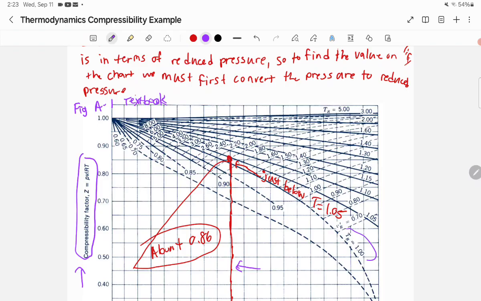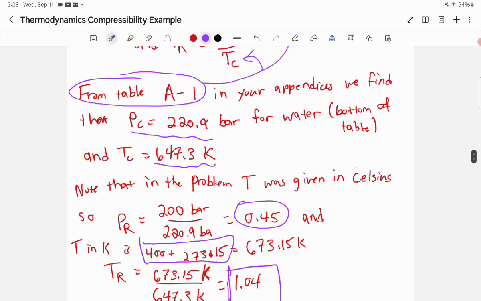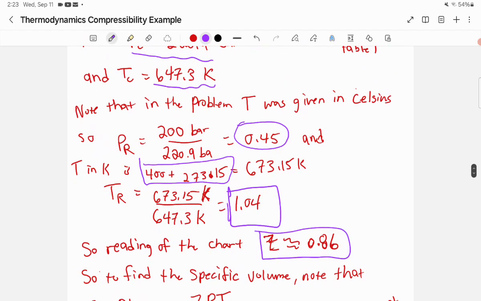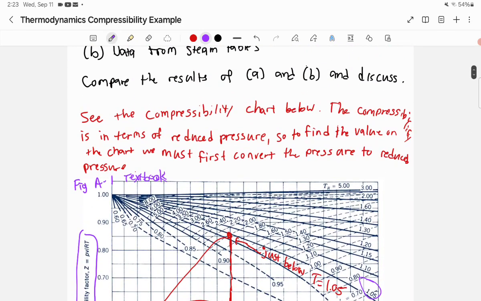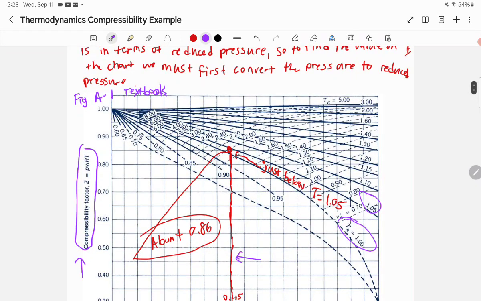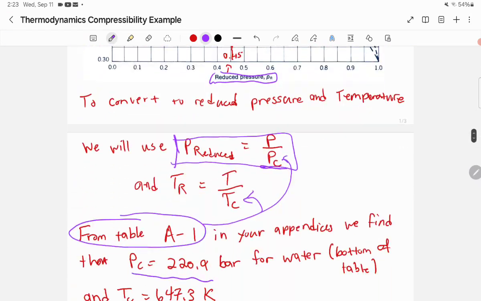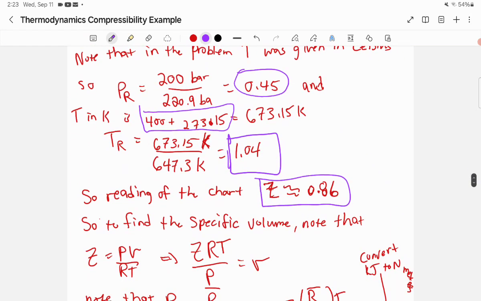This one has a reduced temperature of 1, for instance, the one I just circled in purple. The next one has a reduced temperature of 1.05, so ours sits somewhere just beneath the 1.05 curve, because 1.04 is what we found for our reduced temperature. So going up here, you find it's a little bit above the 0.85 line. Okay, so we'll say it's 0.86.